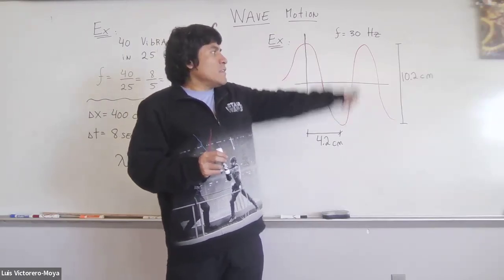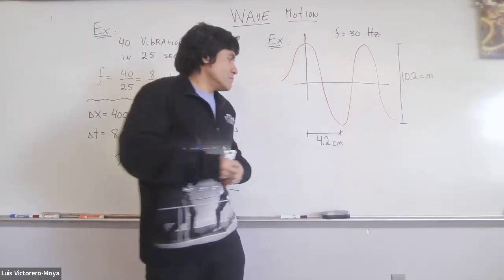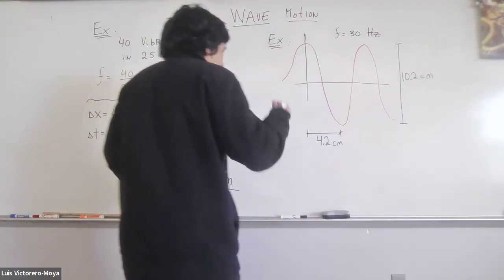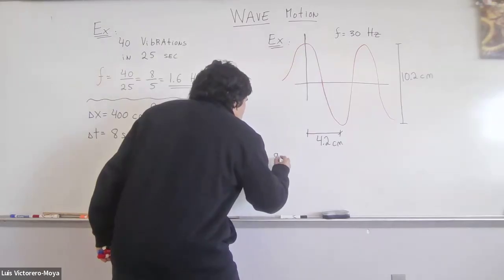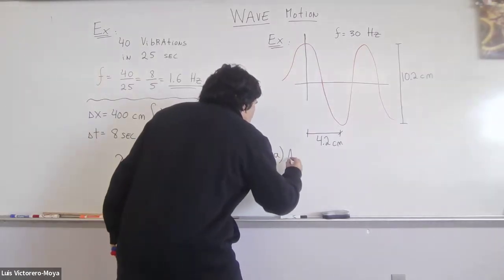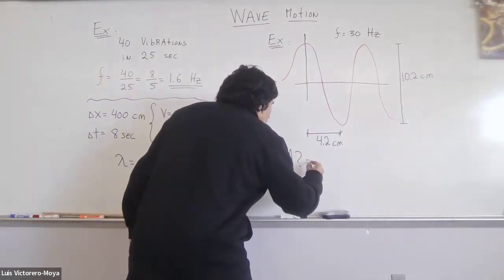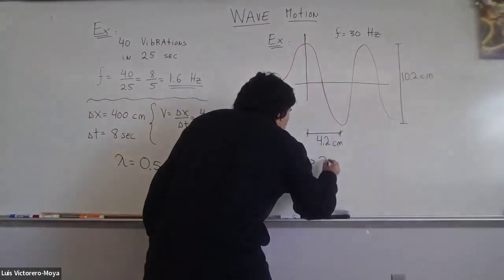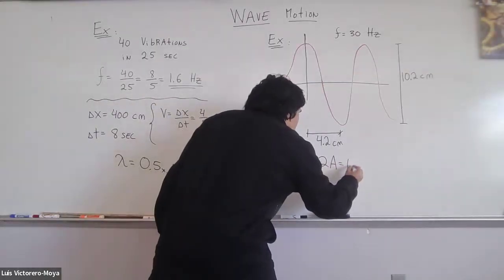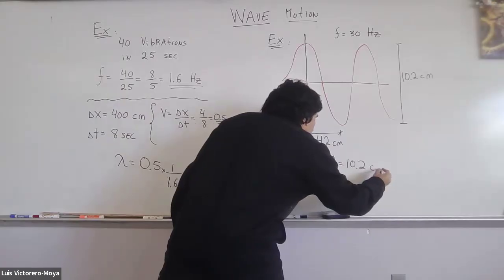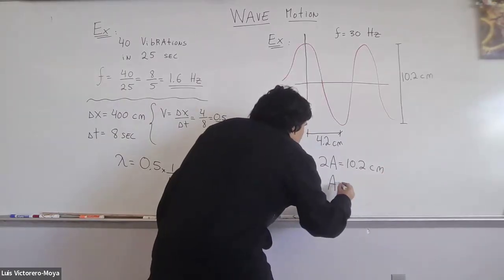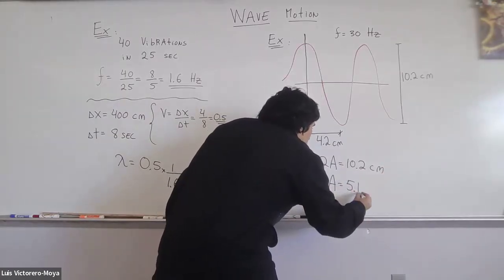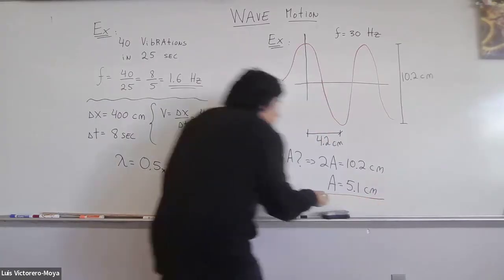Because of the symmetry, 10.2 is double the amplitude. So the amplitude, part A: from the figure, 2 times the amplitude is 10.2 centimeters. So the amplitude is just half, 5.1 centimeters.